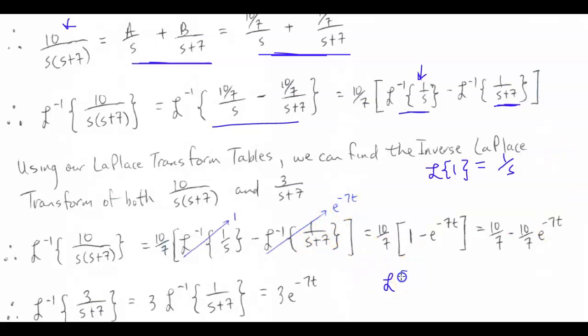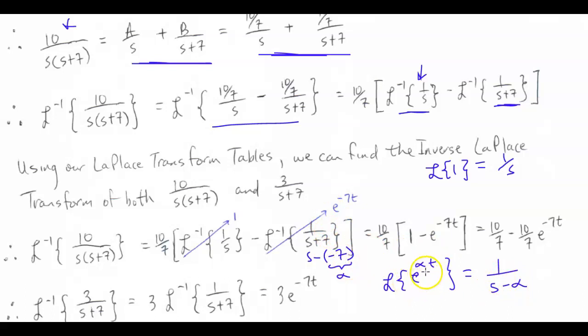We know that because the Laplace transform of e raised to the alpha t is going to be 1 over S minus alpha. And in this case, this is like S minus negative 7. So that's why our alpha here would be negative 7. S minus negative 7 is S plus 7.